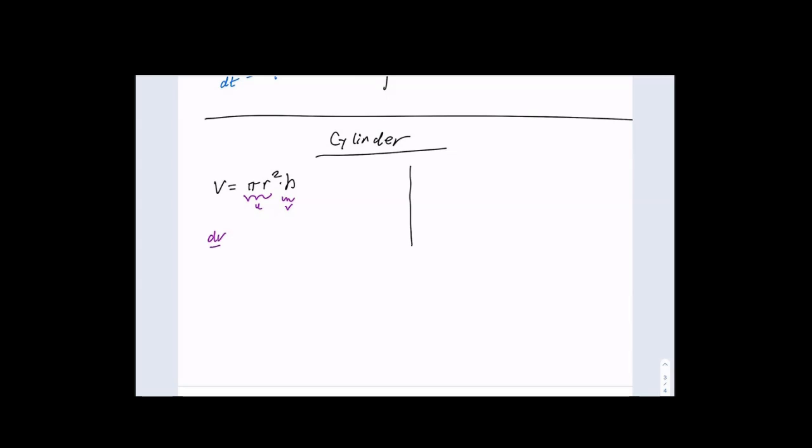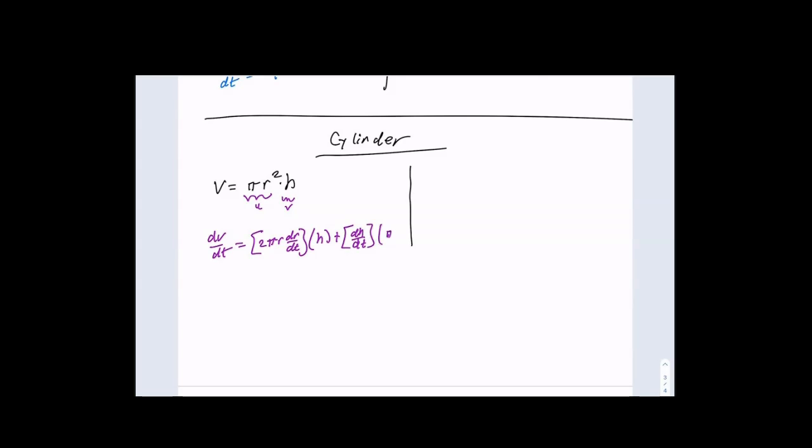So dV/dt is equal to u prime. So what is u prime? We've already done it. 2 pi r times dr/dt. Good. Times h, plus v prime. dh/dt? Or is it just 0? No, dh/dt. Okay.